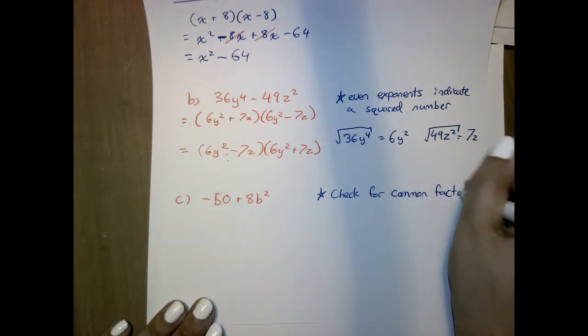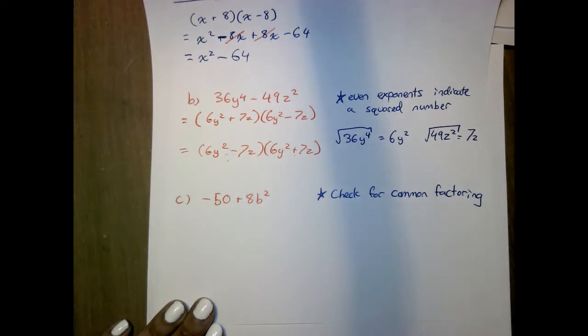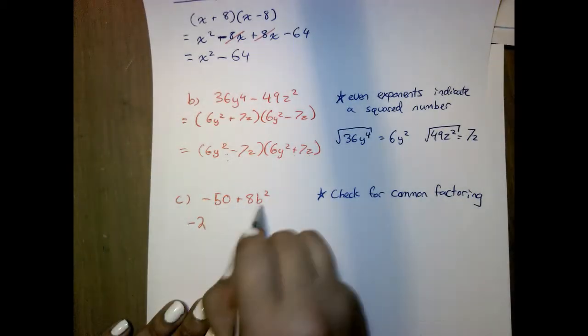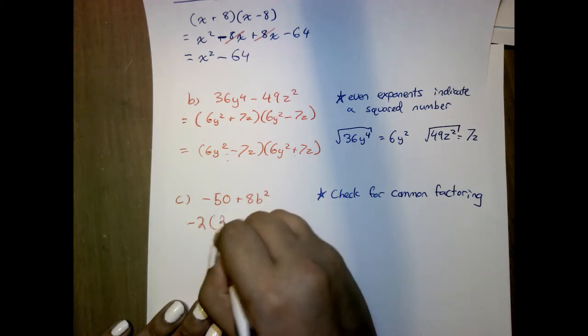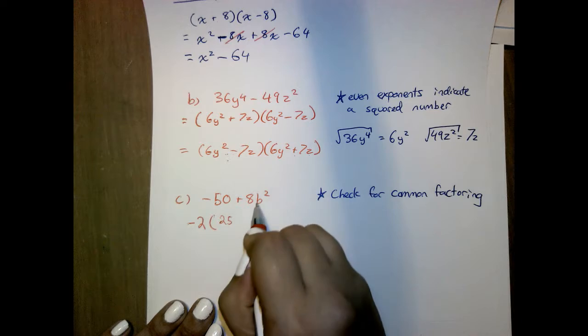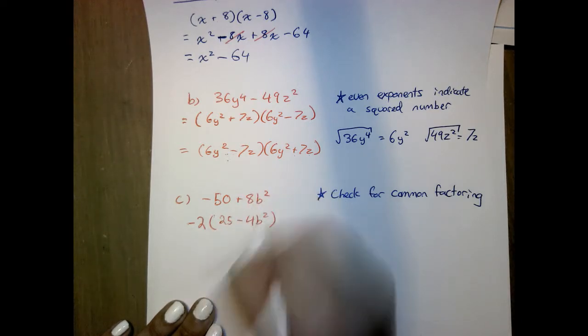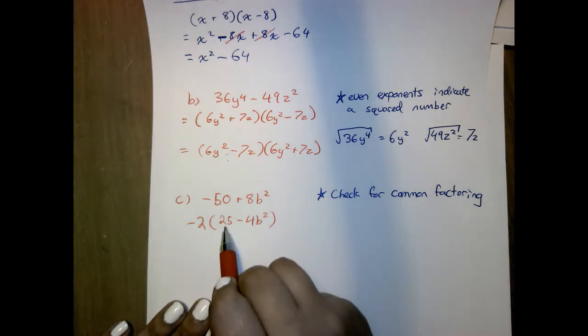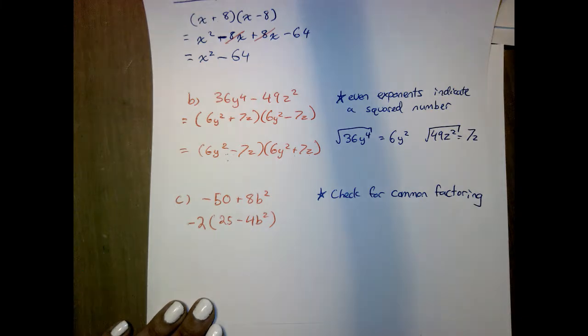So if I common factor a negative 2, for example, out of these two terms, the first term divided by negative 2 is 25. The second term divided by negative 2 is minus 4b squared. And suddenly, a difference of squares has emerged, right?